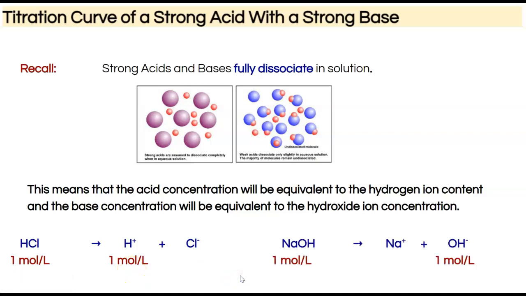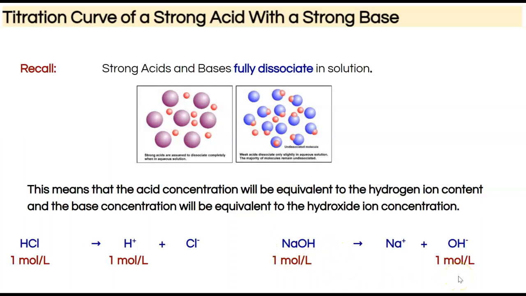Bases, same deal. I'm starting out with a 1 mole per liter solution of sodium hydroxide, which is a strong base. Every single particle of NaOH is going to dissociate into its respective ions, and I can count on the hydroxide ion concentration being the same as that initial sodium hydroxide solution.